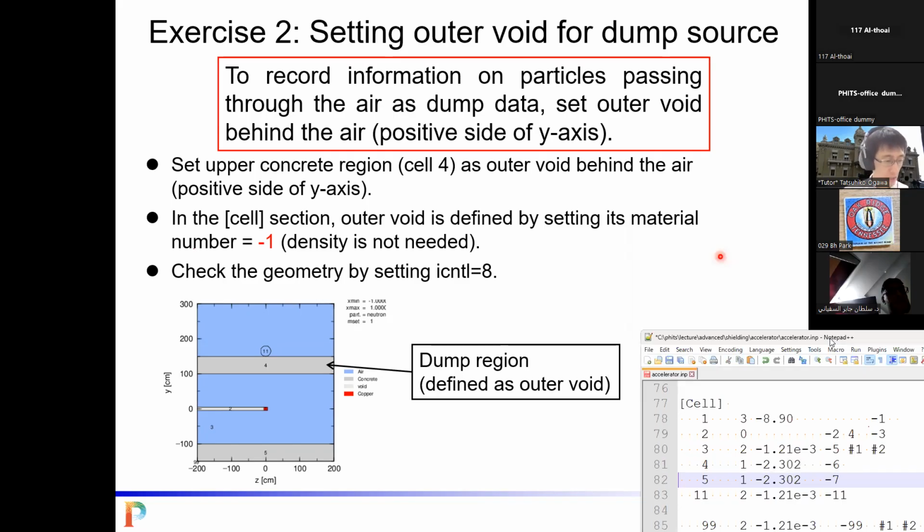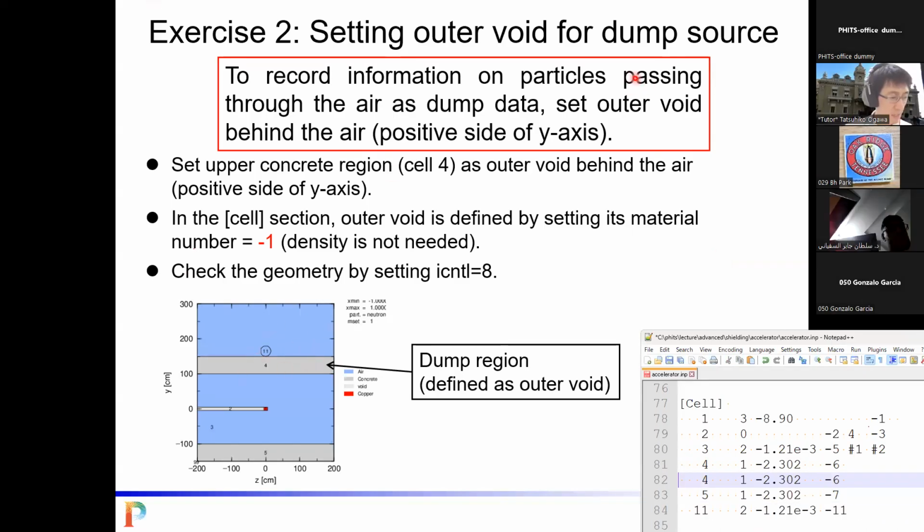Cell 4, corresponding to this concrete layer, is replaced with material number 1, and outer void does not have density, so density is void, empty.